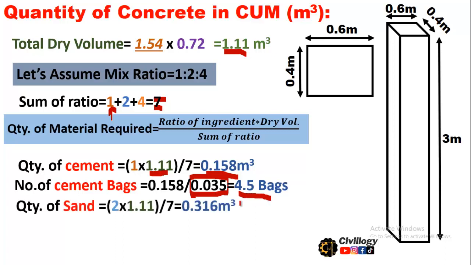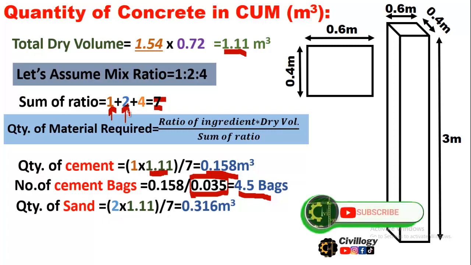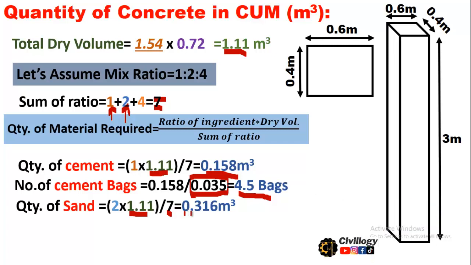Now the quantity of sand is equal to 2 multiplied by 1.11. As you can see in this ratio, 2 is for sand. Sand is 2 times that of cement. So 2 multiplied by the dry volume divided by the sum of ratio will be equal to 0.361 cubic meters.